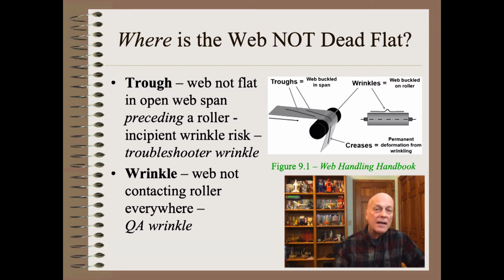The reason is that the web will usually be permanently marked in the process. Worse yet, a wrinkle like this will often cause a web break on metal, foil, or paper. If the problem is more severe, a crease or foldover can be expected.